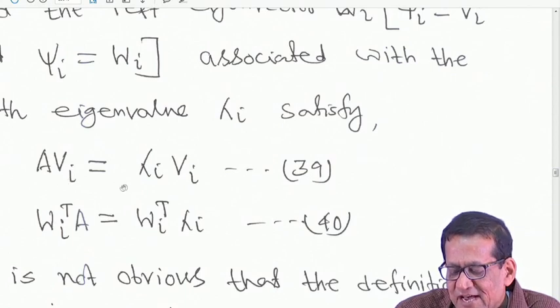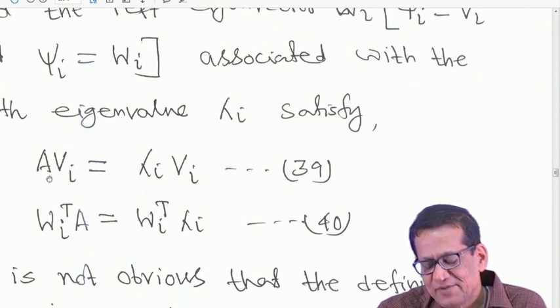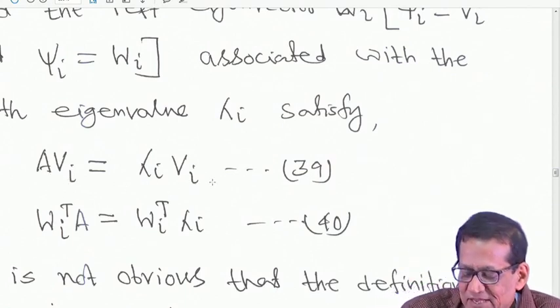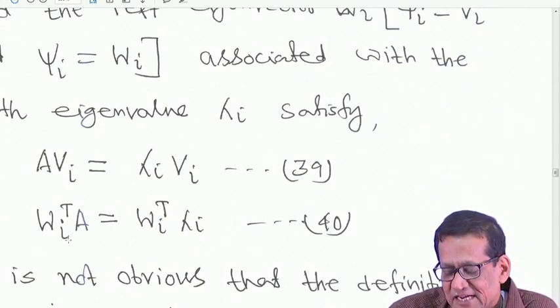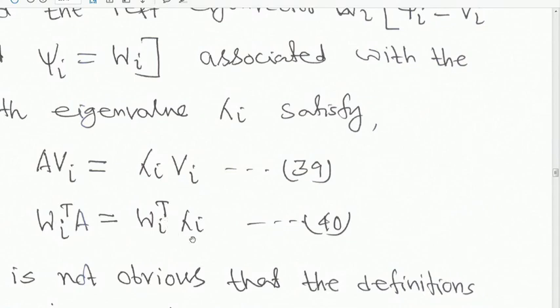There it was A phi i is equal to lambda i phi i, but I am putting here A v i is equal to lambda i v i, and w i transpose A is equal to w i transpose lambda i. This is equation 40.